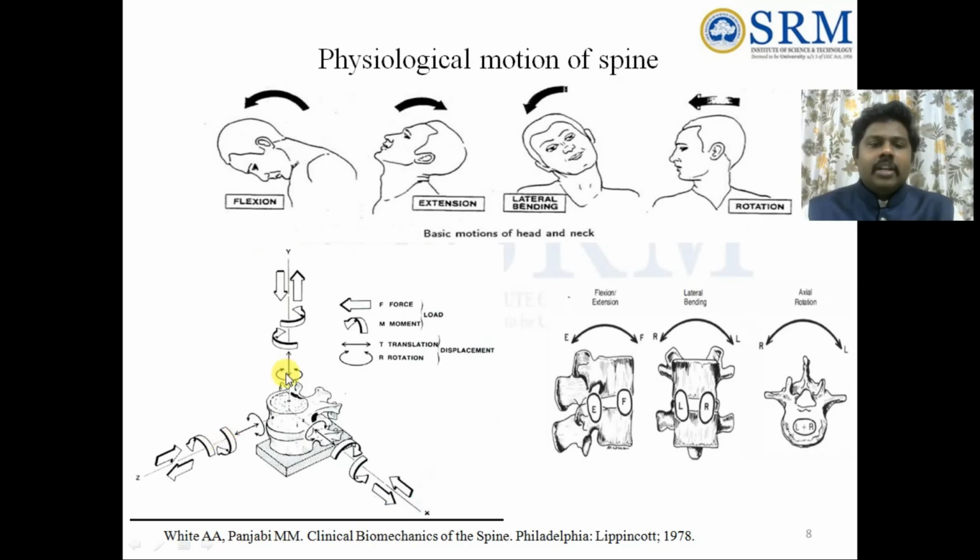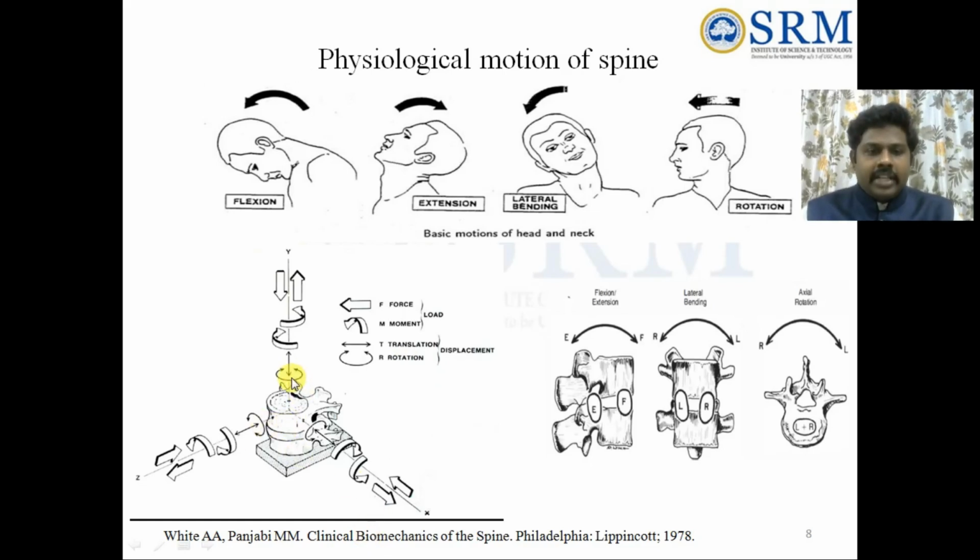If it is a rotation, then we call it a moment. With respect to force, it will go for a translation. If I am applying a load, it will go for a displacement. If I am applying a force, this will go for a translation. If I am applying a moment, that will go for a rotation.